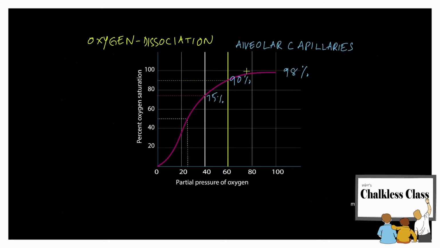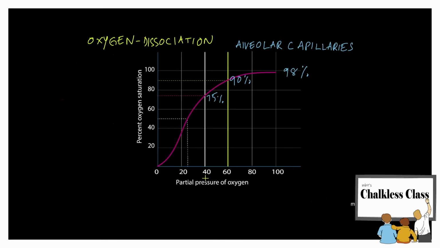So only 8% difference we can find between these two. At 40 millimeter mercury partial pressure of oxygen, the percent oxygen saturation is 75. That is 75% saturation is observed. Here, in the partial pressures, the difference is only 20. But in the saturation, we can see 15% of difference between these two points.